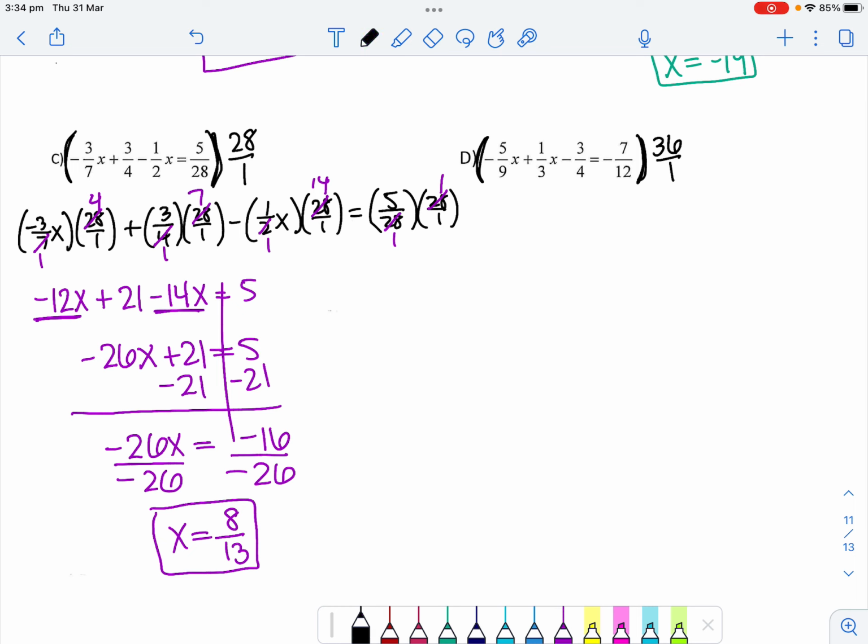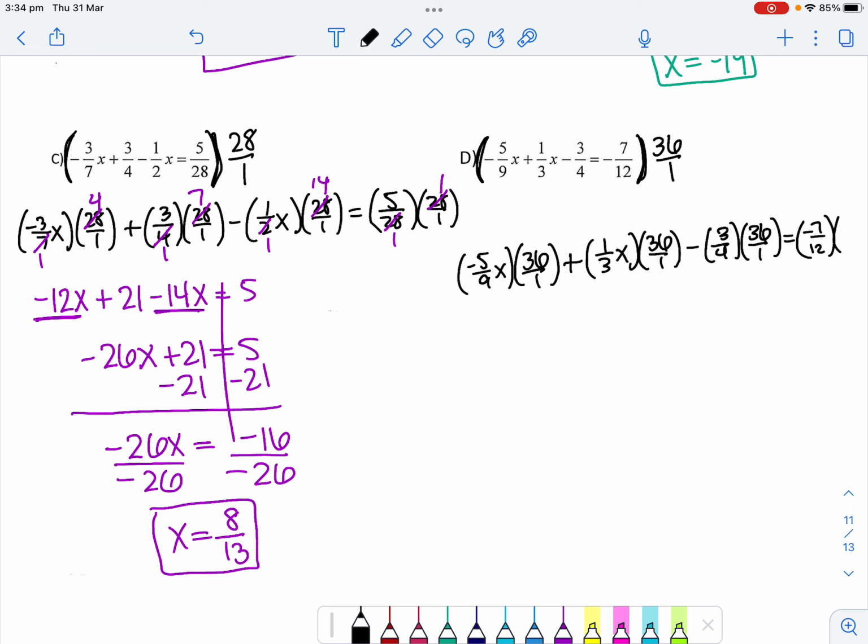For the last one, I'm going to have negative 5 over 9x times 36 over 1 plus 1/3 x times 36 over 1 minus 3 over 4 times 36 over 1 equals negative 7 over 12 times 36 over 1.